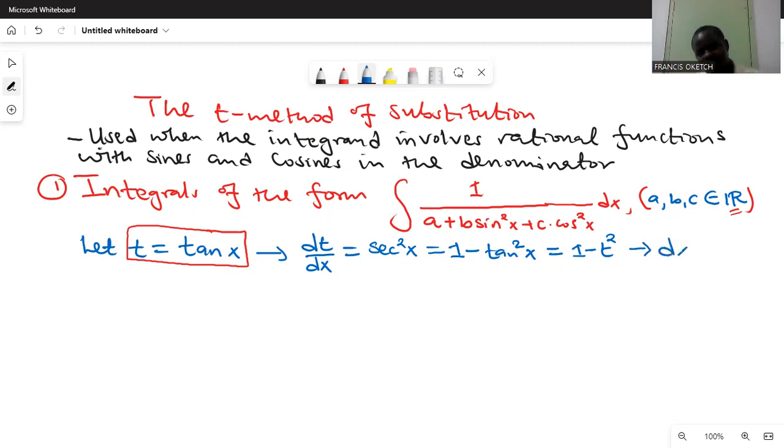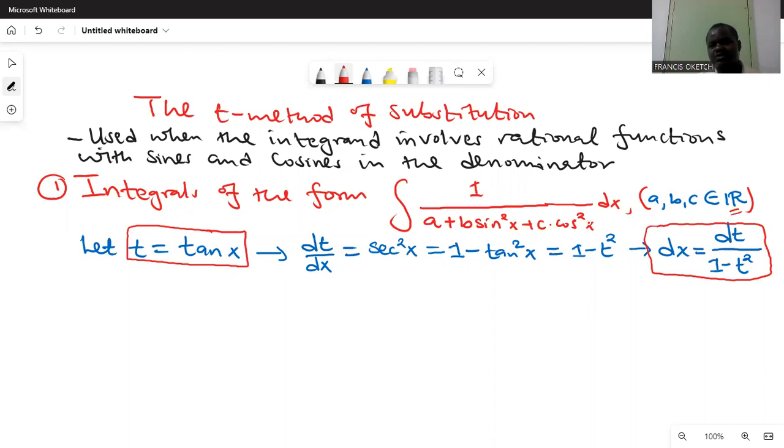And so here you can now make dx the subject. So we'll have dx is equal to dt over 1 plus t squared. So that's what we have as the corresponding differential. So we start by saying let t be tan x, and then when you differentiate, you get dx is equal to dt over 1 plus t squared.